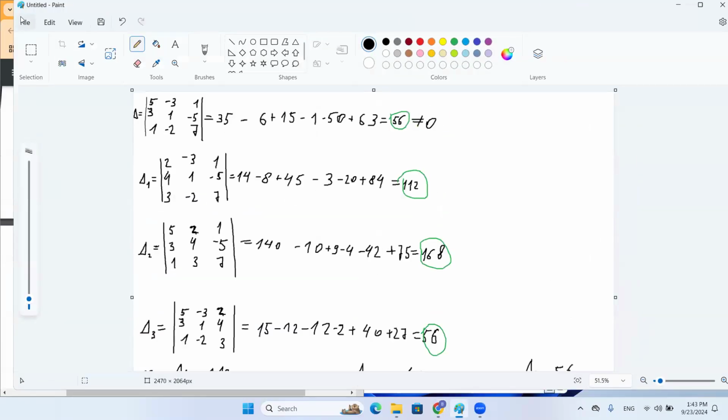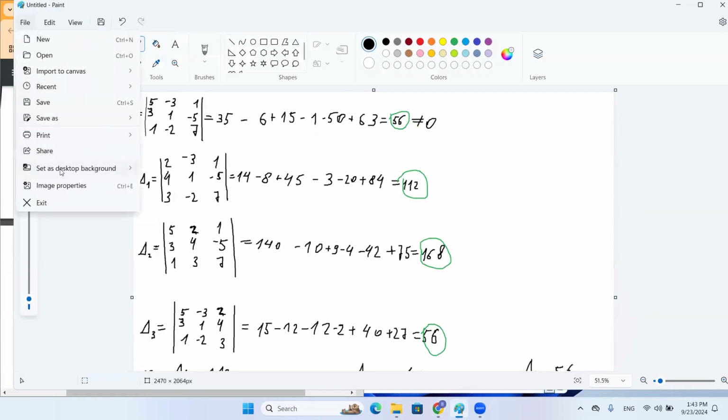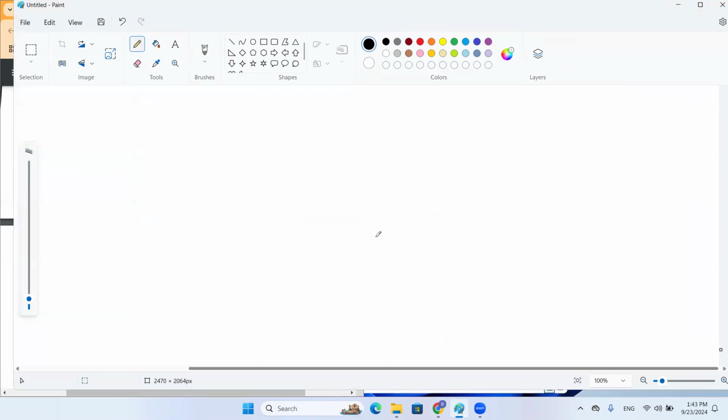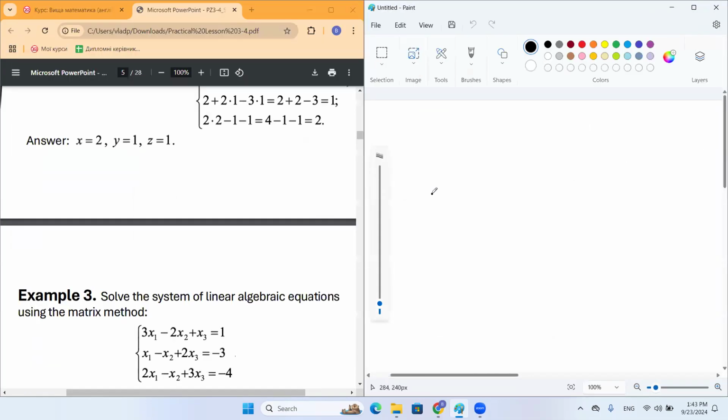I will erase it by creating a new file. Okay, so let's write the matrix of our coefficients.